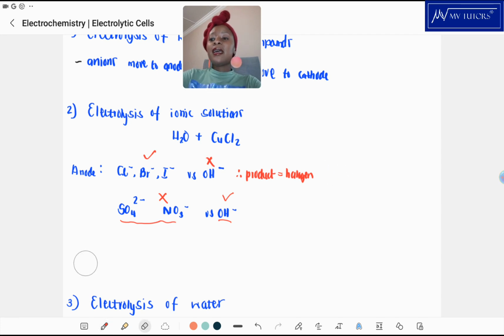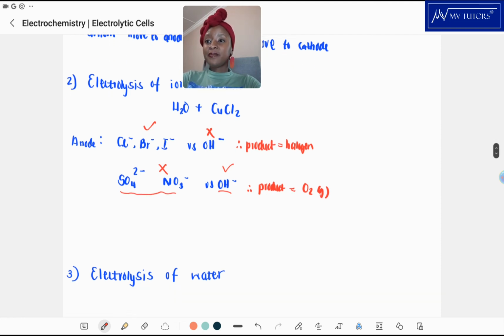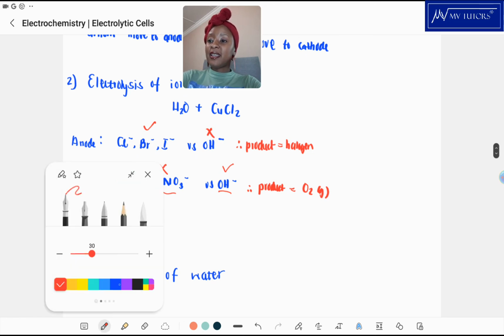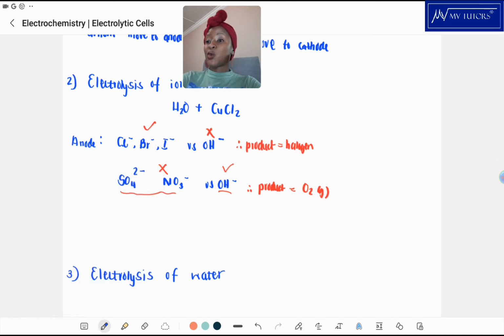And then in terms of the sulfate, nitrate versus hydroxide, we said the hydroxide will win this round, and therefore the product that will form would be oxygen gas. So it'll be oxygen, and that is what happens when you are dealing with the anode. Now let's get to the cathode, where the positive ions are drawn.